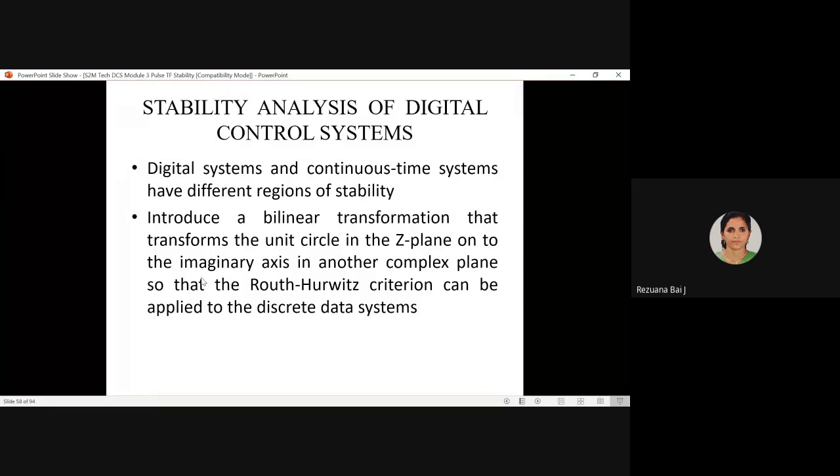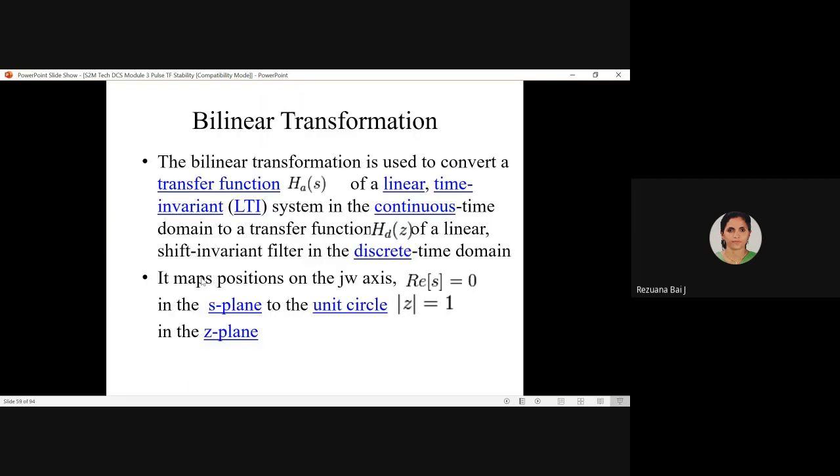So we have to convert back from Z to S. We already have the conformal mapping, that is z equal to e to the power sT. What is s in terms of z? That's what you need to find out. To eliminate e, you need to take the natural log, ln.